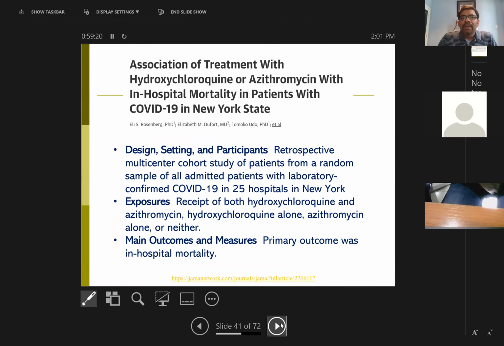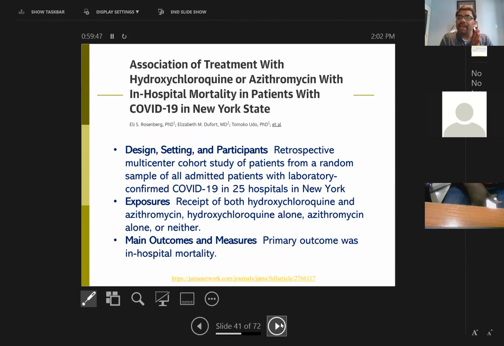Here is an example. A retrospective multi-center cohort study of patients with confirmed COVID in 25 hospitals in New York City. The hydroxychloroquine or azithromycin was not randomly allocated at all, right? Some patients were already on it. Some doctors had already given it. Others had not given it. There were all sorts of people who were on the medicine, not on the medicine.